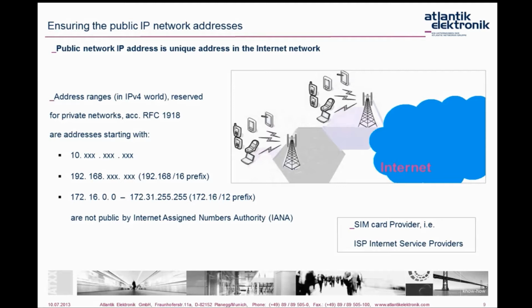For instance, addresses starting with 10. This has been assigned by the Internet Assigned Numbers Authority that controls ownership of these IP ranges and assigns IP address blocks to organizations such as Internet Service Providers, who in turn allocate individual IP addresses to customers.